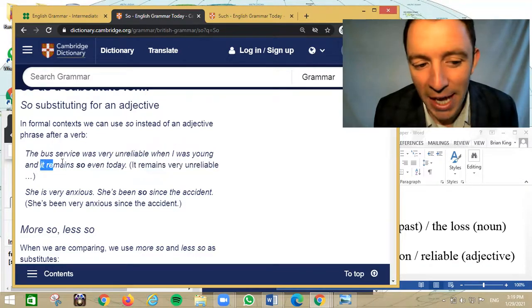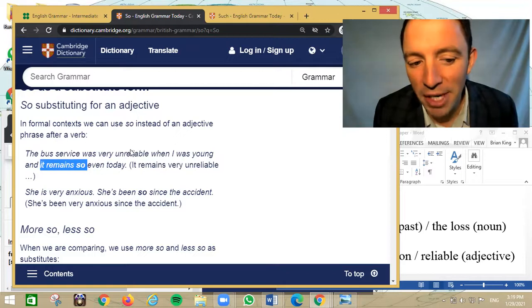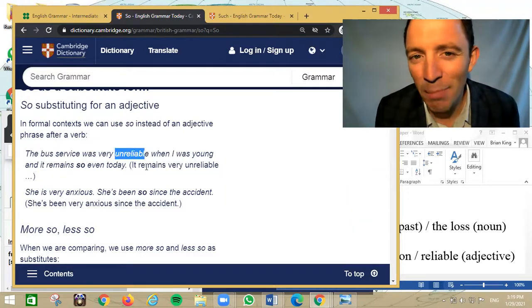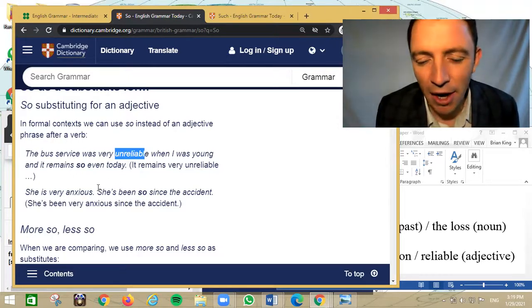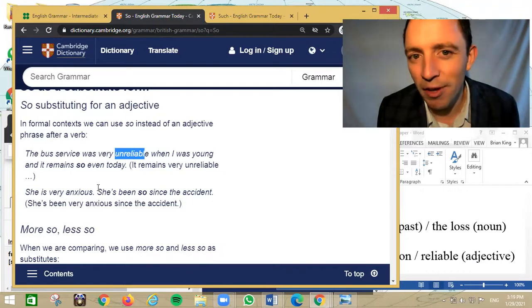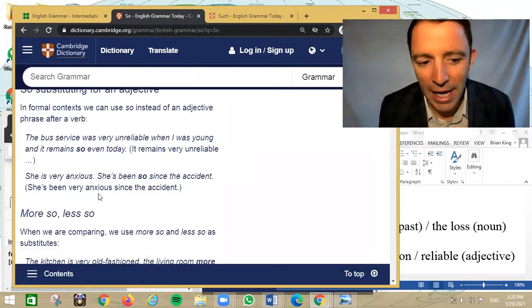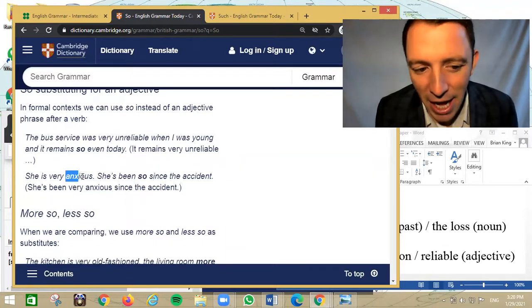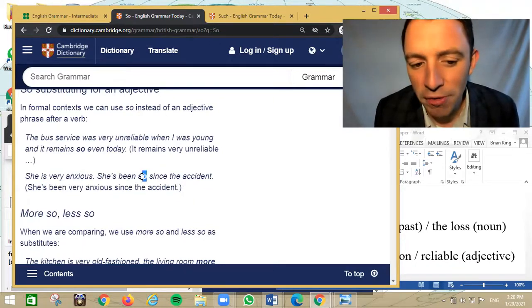So it's possible to say it remains so because you have the previous adjective, and this is definitely more advanced. It's more impressive. It's very good level, and I recommend to really improve, to move to advanced, this type of grammar is important. Okay, the next example, adjective, anxious. She is very anxious. She has been so that's a substitution for the adjective.